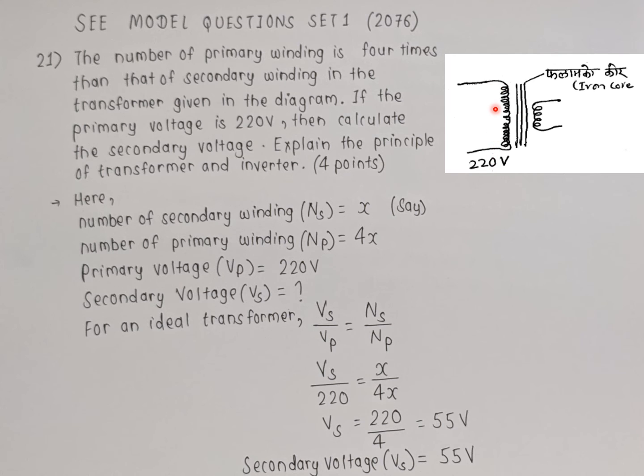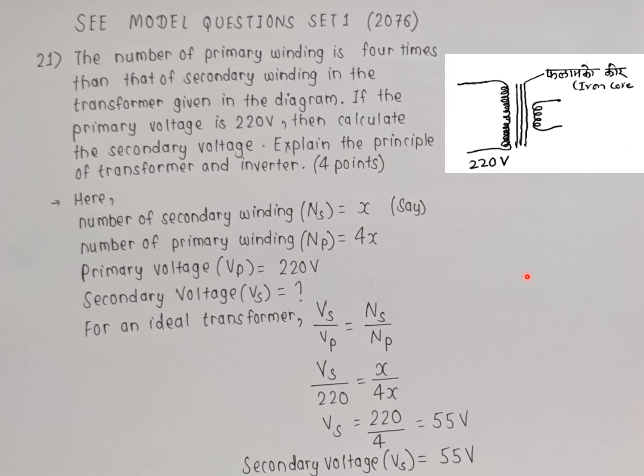The number of secondary winding is decreased, and that translates as a decrease in voltage. If we increase the number of turns in the secondary coil, that would make a step up transformer, while when we decrease the number of turns in the secondary coil compared to the primary coil, then we make a step down transformer.